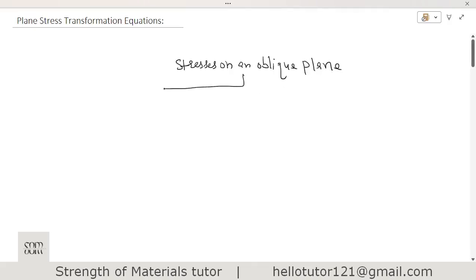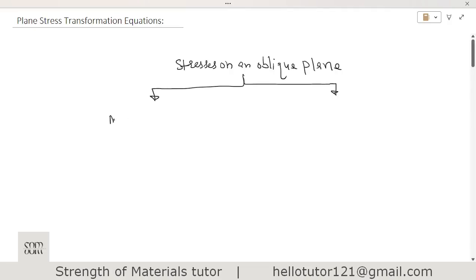In the previous class, I told you that we have two methods of finding stresses on an oblique plane, but from what? From perpendicular and horizontal planes. So we have two methods.